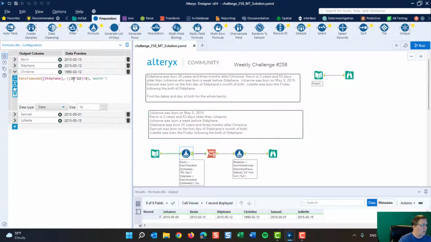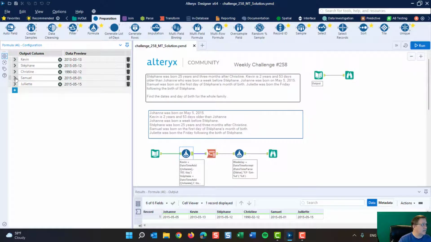So we go 25 years times 12, because it's being measured in months, plus the 3. Then we put a minus on it, because Stefan was born after Christine, which means Christine is this much earlier in months, and we measure in months. And so we've got 1990, February 12th.